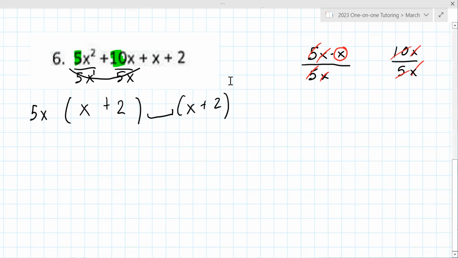What do you multiply 2 by to get back to 2? 1. That works here. That works for the other one as well. It's 1 times x. That's 1x. So then you factor out both of these x plus 2's from both terms. What goes in the other parenthesis? 5x plus 1. You got it.